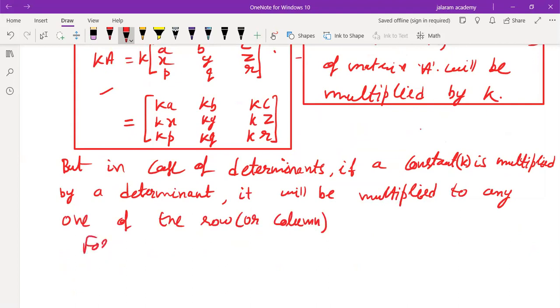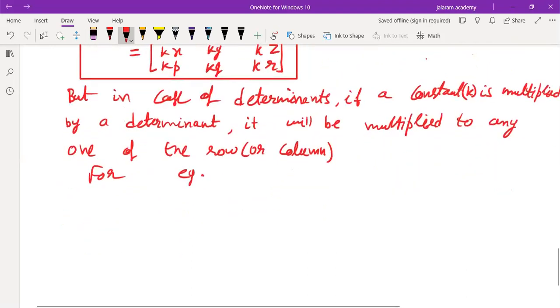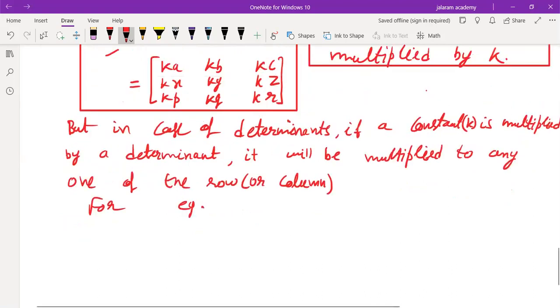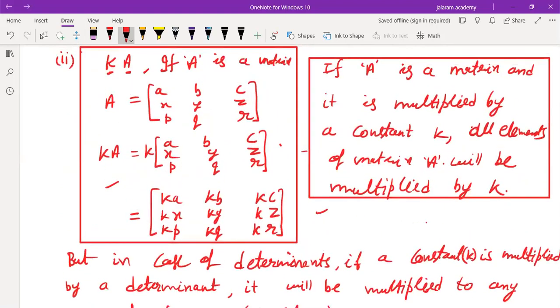For example, in case of determinants, if a constant k is multiplied by a determinant, it will be multiplied to any one row or column, unlike matrices. In matrices, we have to multiply the constant to all the terms.